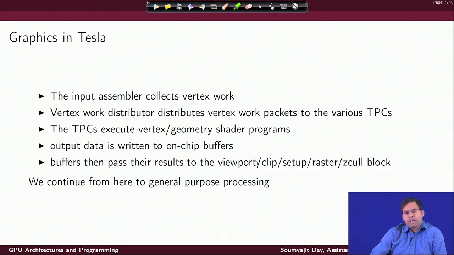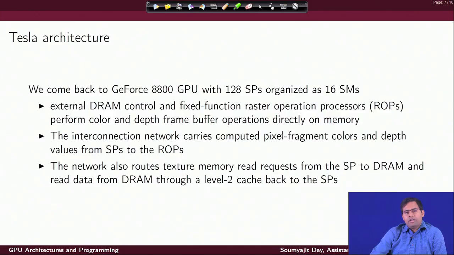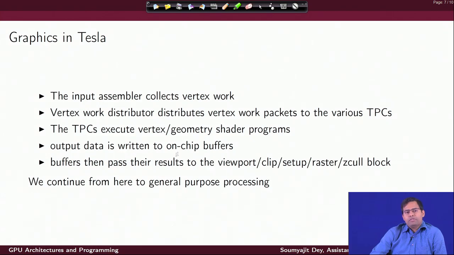So, this is how, as we can see, the original graphics pipeline gets represented in the Tesla architecture, with the shader operations being done in the scalar processors, whereas the raster operations are done in the fixed function blocks, and the overall outputs are written to on-chip buffers and they pass the result to the viewport.